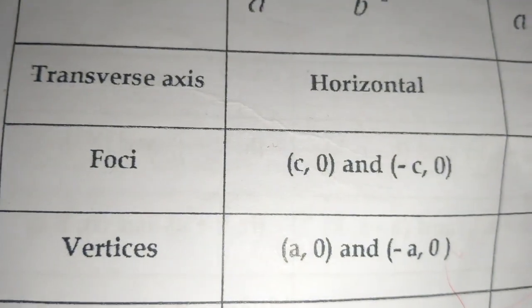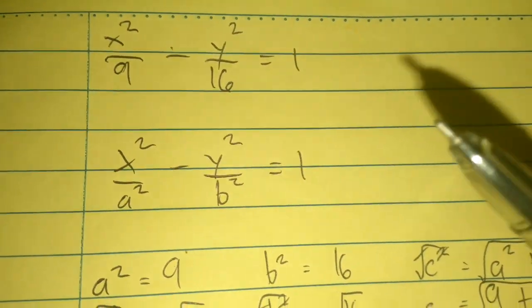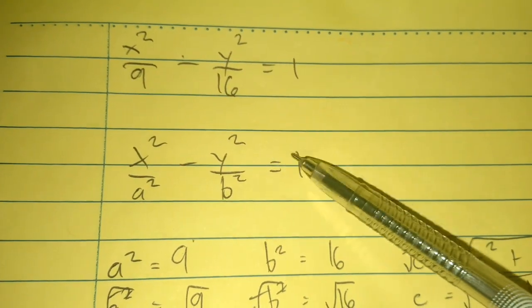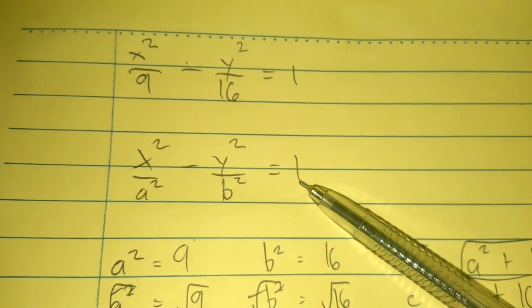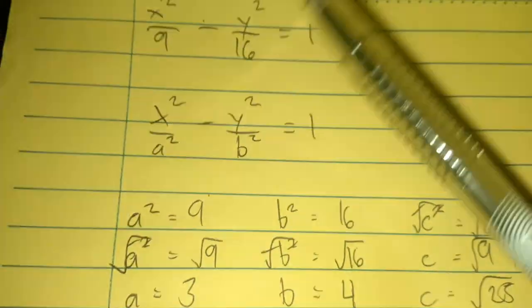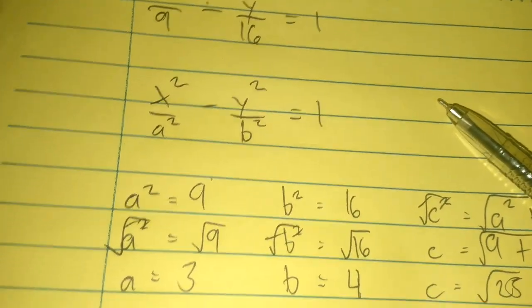So we are going to use this formula in order to find all the points. This is the standard equation for horizontal, and first things first, we need to find the values of a, b, and c.